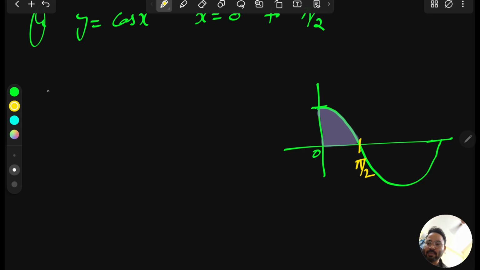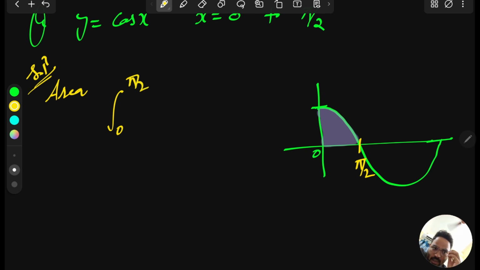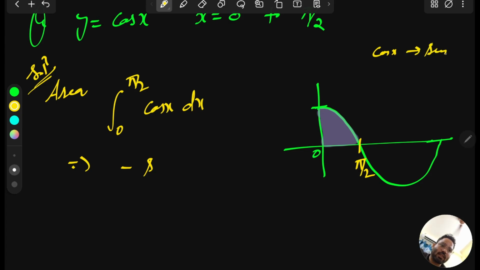So simple, the solution is area equal to integration from 0 to pi by 2 of cos x dx. That's it. So what is cos x integration? The derivative of cos x is minus sin x, and the derivative of sin x is cos x.